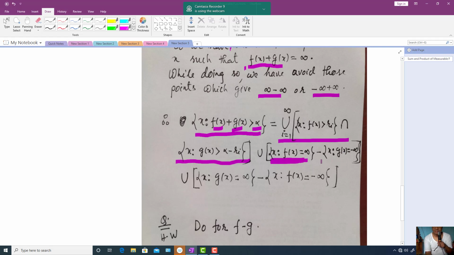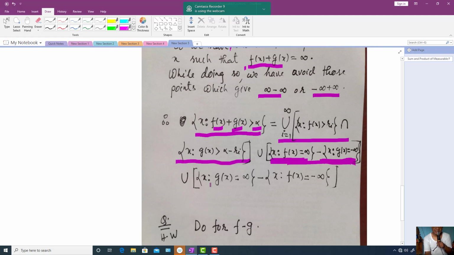So this you have to remove now, because I told you to avoid the undesirable thing, minus infinity plus infinity. This set is also measurable. This set is taken out from this set, and the difference of two measurable sets is ultimately measurable. Now another case: minus infinity plus infinity.